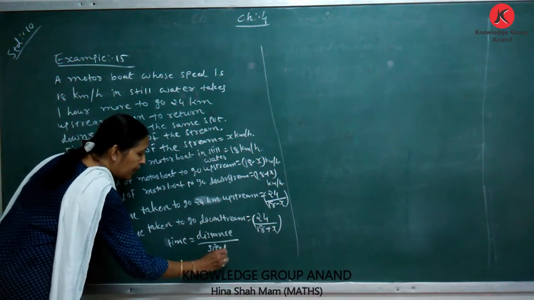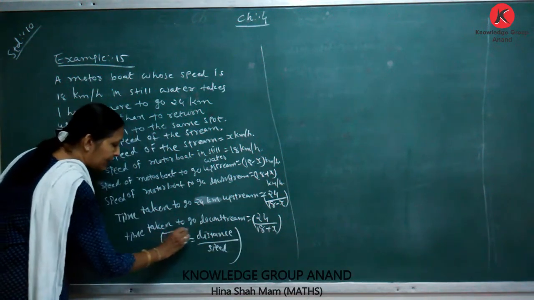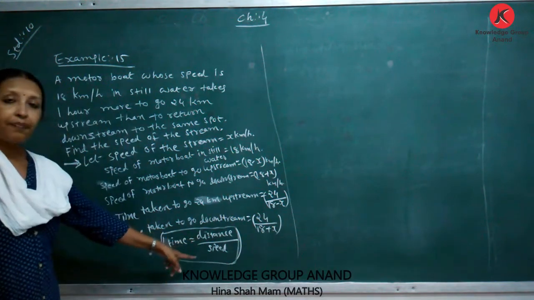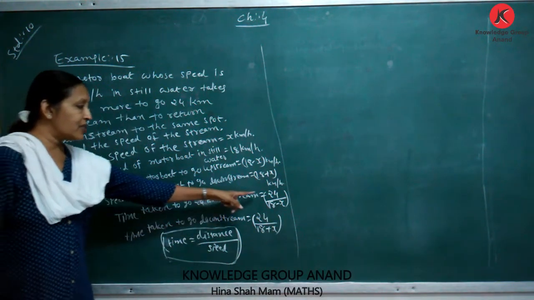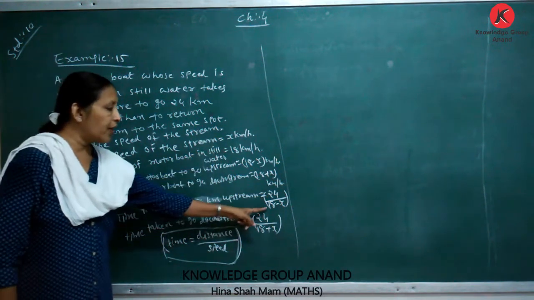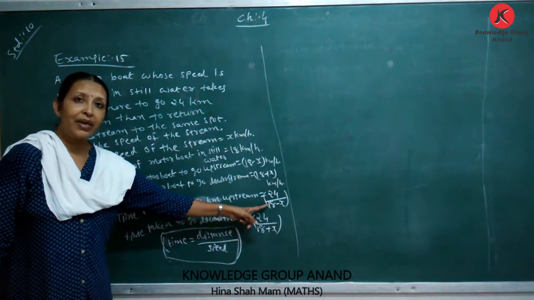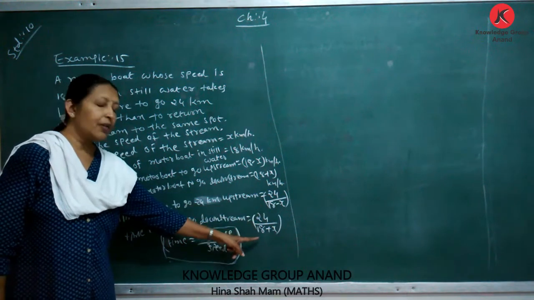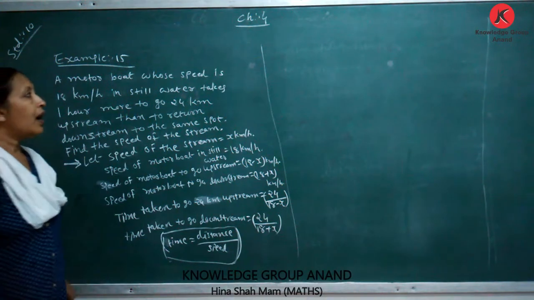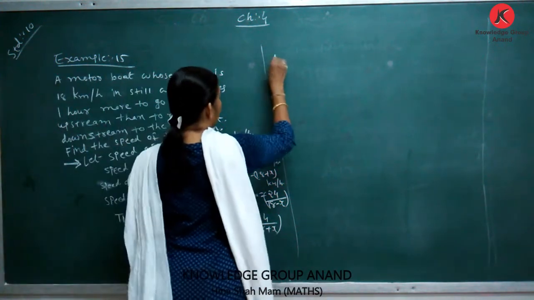We know this. For your understanding, here we write time is equal to distance upon speed. Distance is equal to 24 km, and speed for upstream is 18 minus x km, and speed for downstream is 18 plus x km.